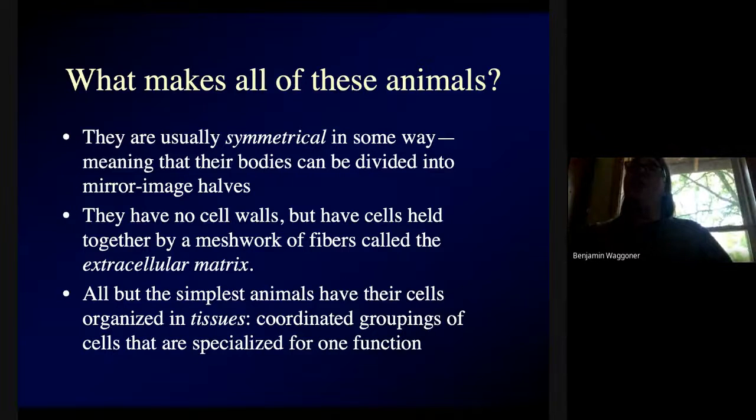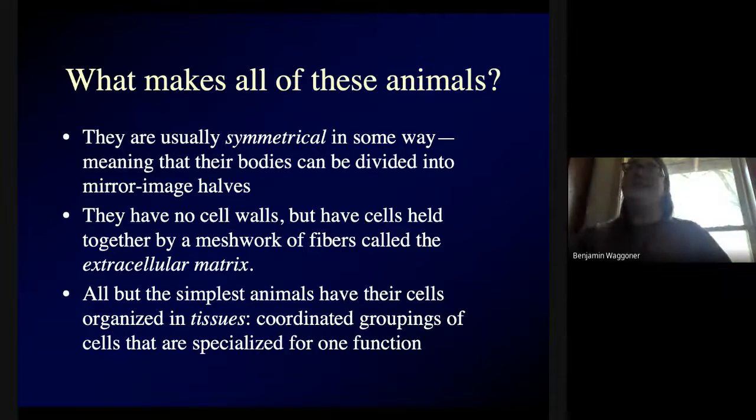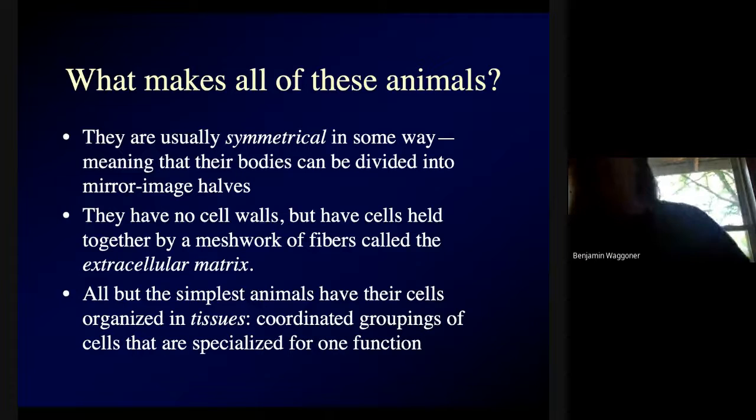That doesn't form a wall, but it forms connecting fibers that holds everything together in a sort of net. In some parts of an animal body, the net may be very tight, almost like a felt. In others, it might be a lot looser, but that's what ultimately locks your cells together. That and a few other types of tricks that they have for riveting themselves, but they don't use cell walls.